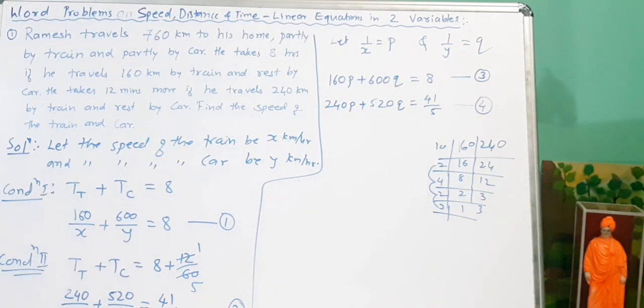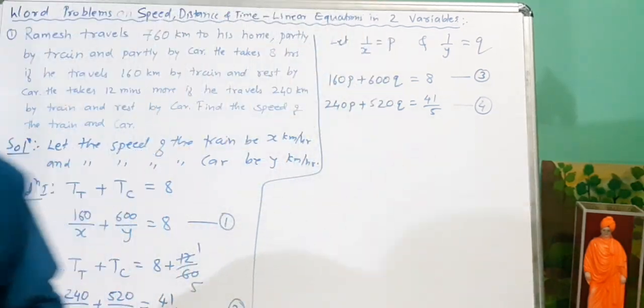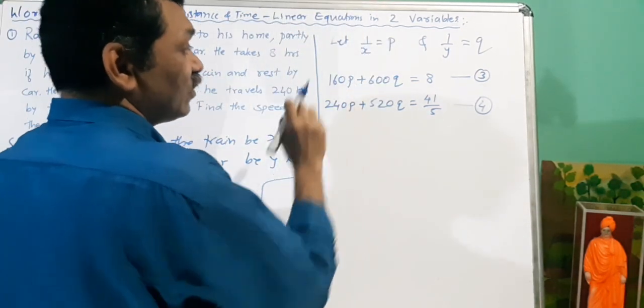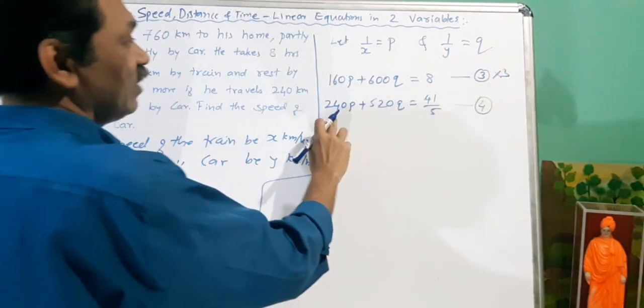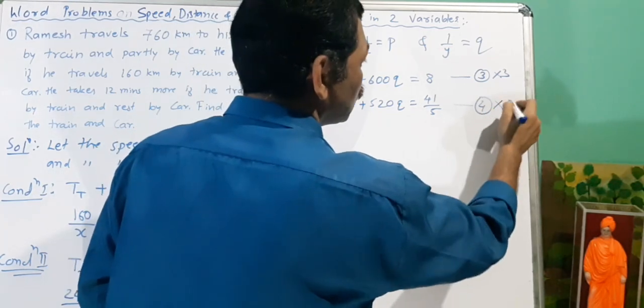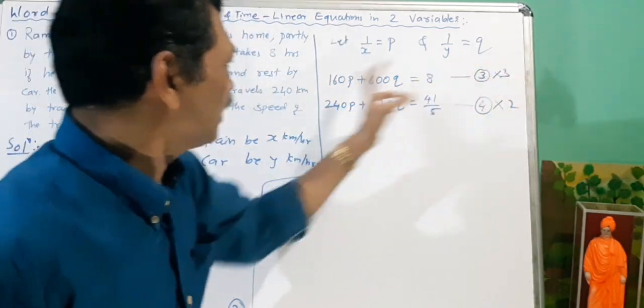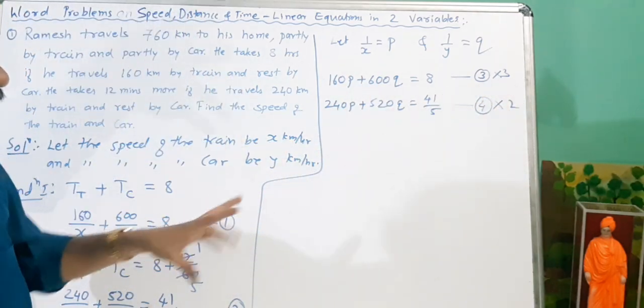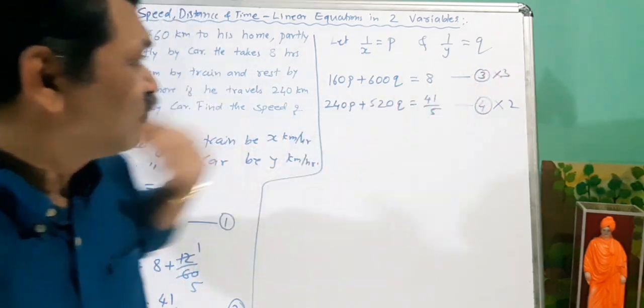So we have 480 as the LCM of 160 and 240. To make this 480, we have to multiply by 3, and to make this 480, we have to multiply by 2. Otherwise we have to multiply by 240 and 160, which becomes difficult, so I'm making a shortcut.